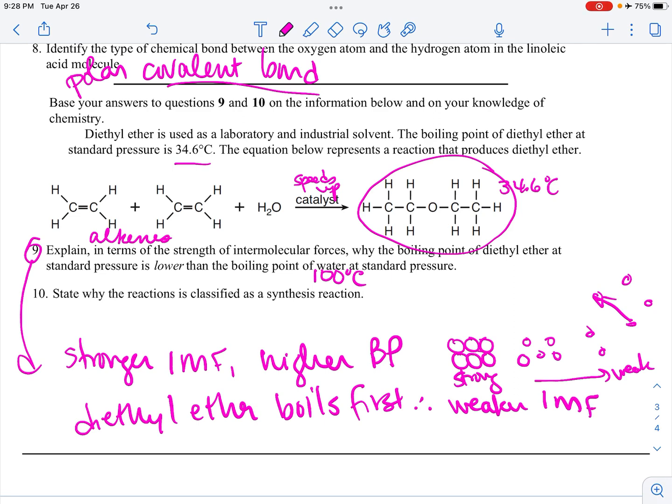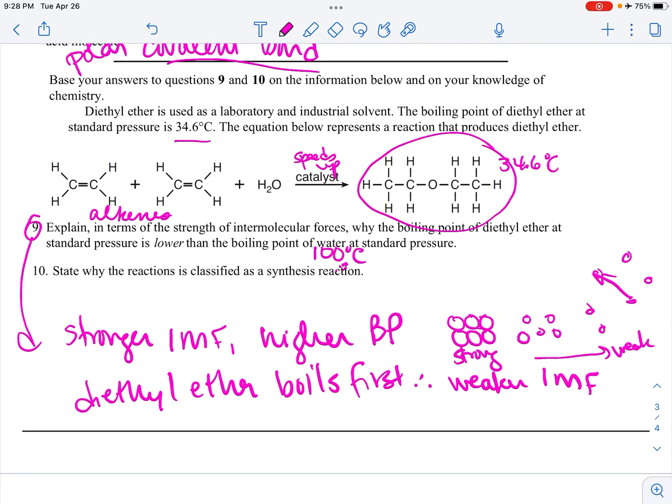Because it takes longer for water to get there, it has stronger forces. And again, it's not saying that it's ice. It's not saying it's strong forces as a solid, but I'm just saying if it takes longer to boil, it's because you have stronger forces. Because it didn't take as long to boil, it has weaker forces.